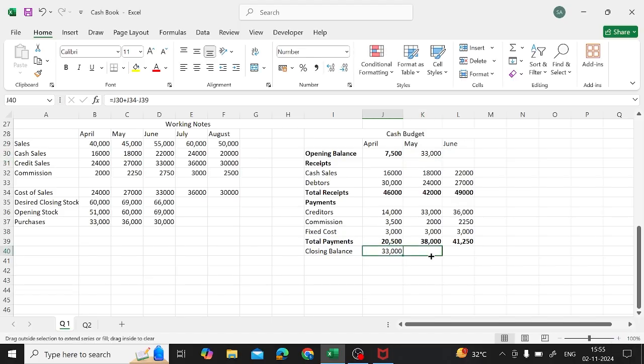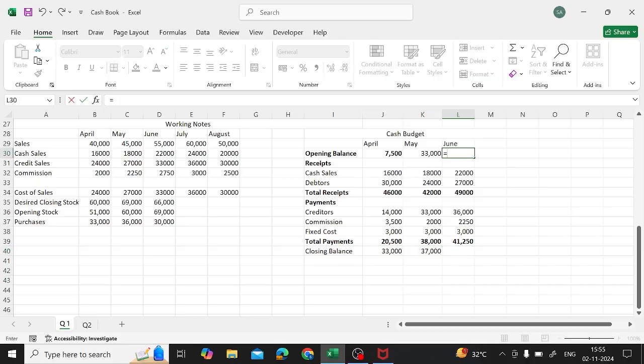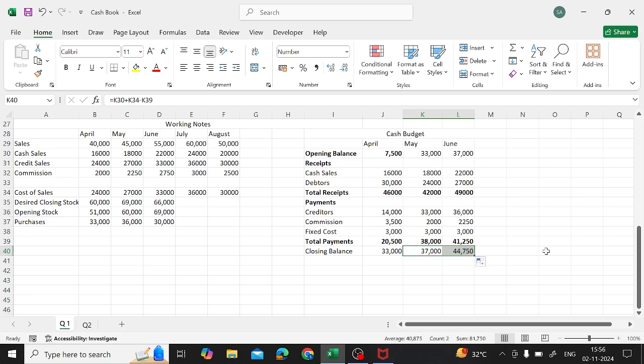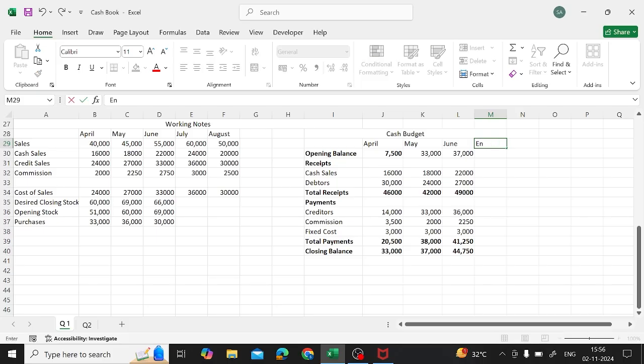Similarly, I can find it here. So it's 37 again for June. It is equal to this and this. Now you can also find out for the entire quarter.